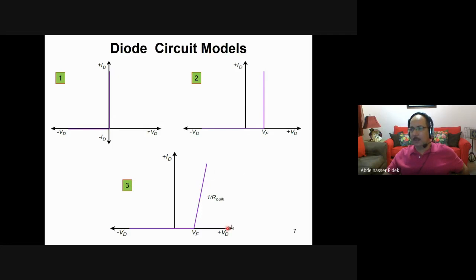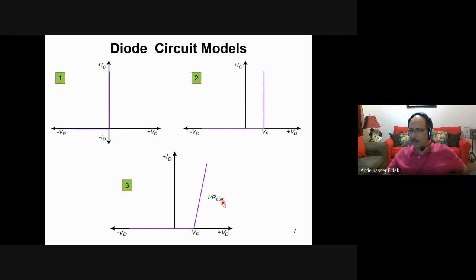The third one, which is the most accurate, is that in the forward bias the current will be 0 until it reaches this VF. After that, it will increase. There is a relation between the current and voltage called R bulk, which is the resistance of the diode.